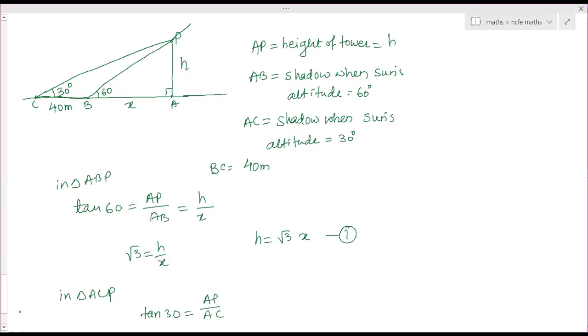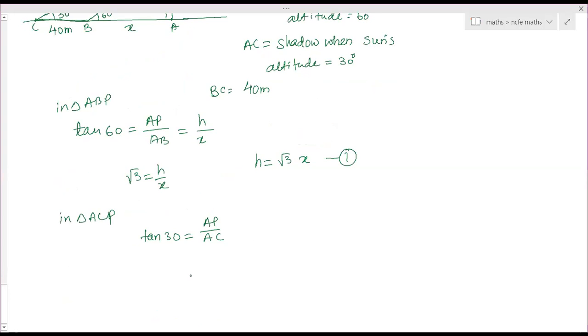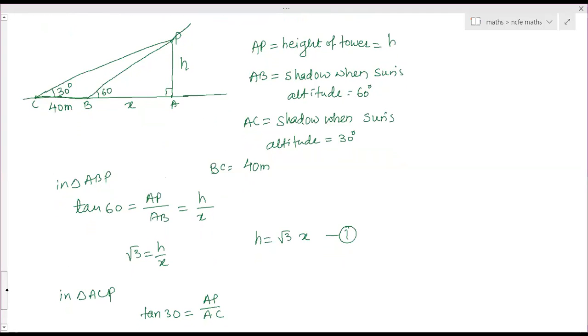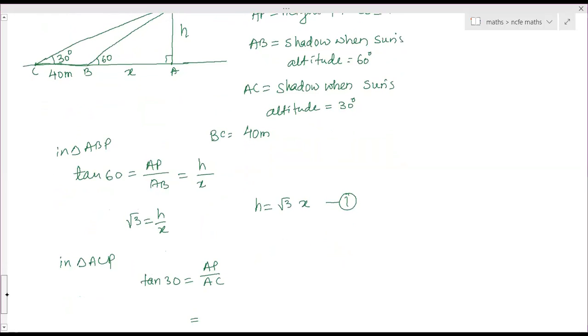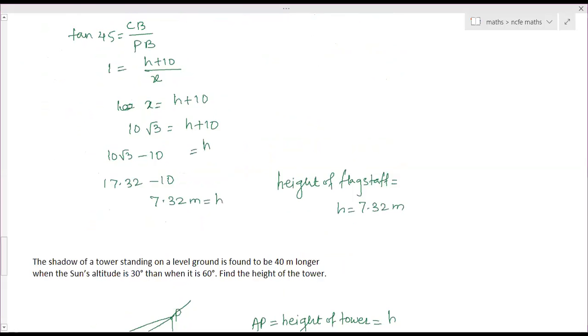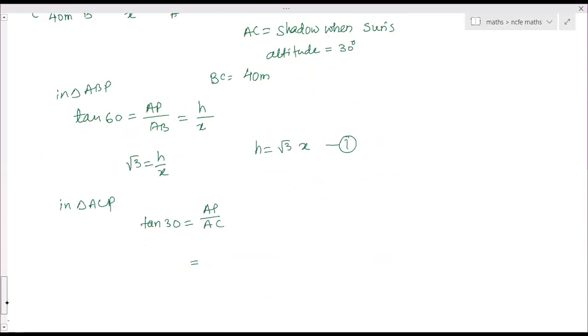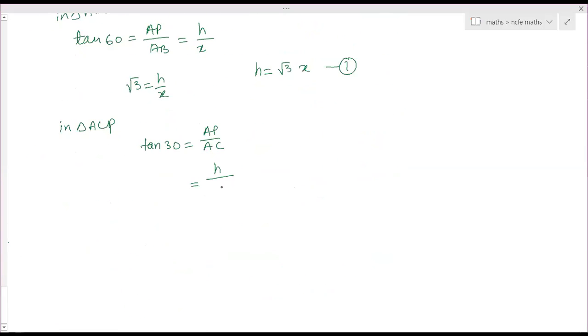AP is H, and AC is 40 plus X. So H divided by 40 plus X is equal to tan 30, which is 1 by root 3. Then cross multiply: 40 plus X is equal to H root 3.